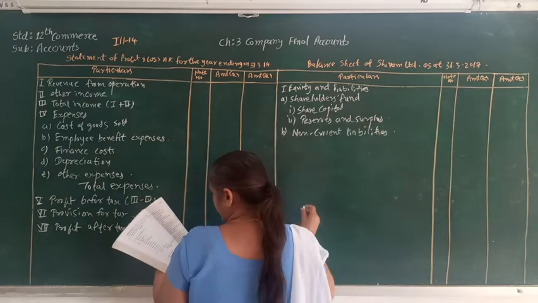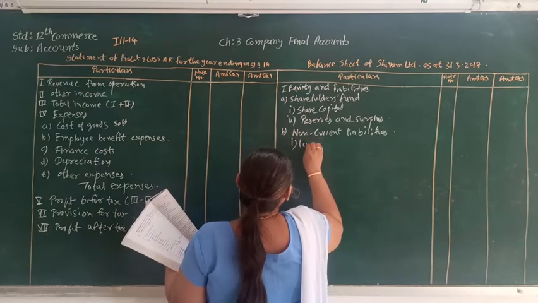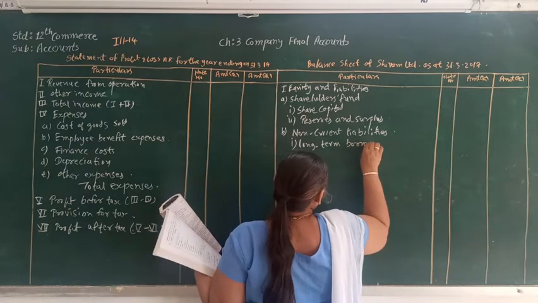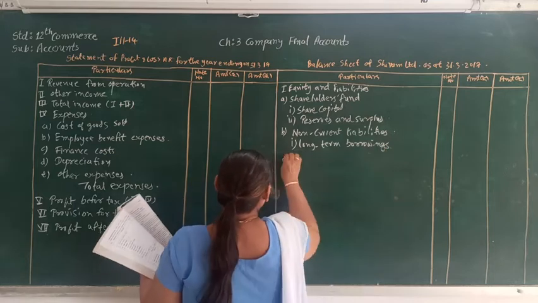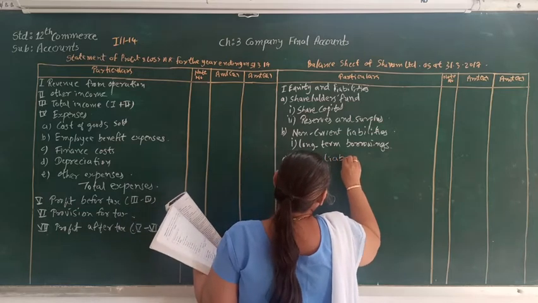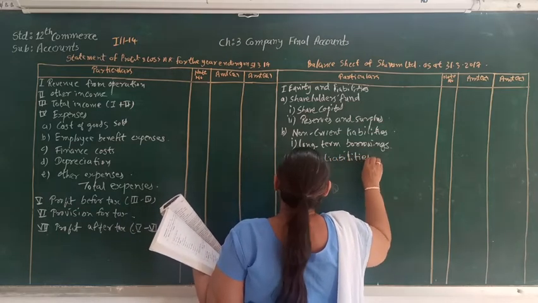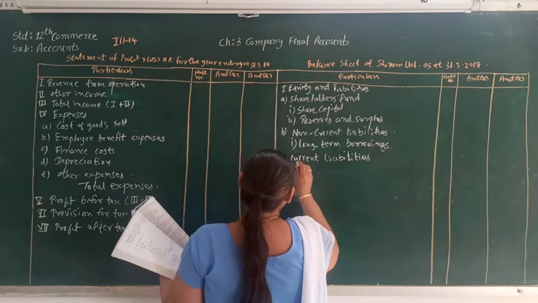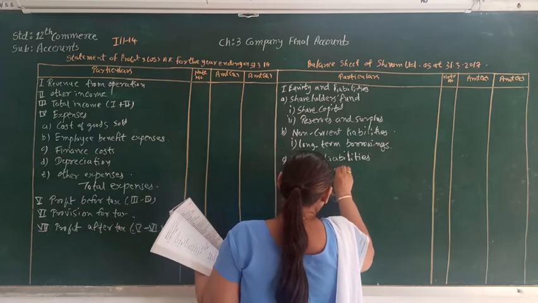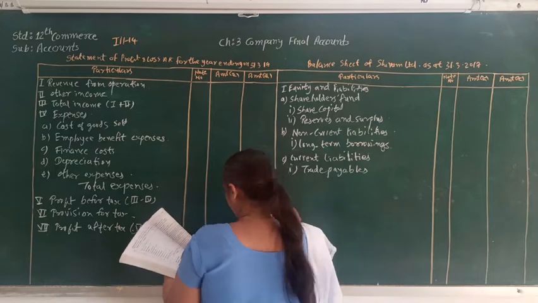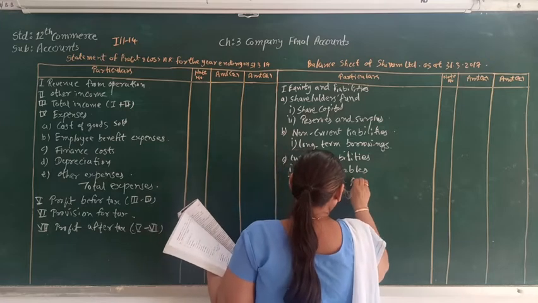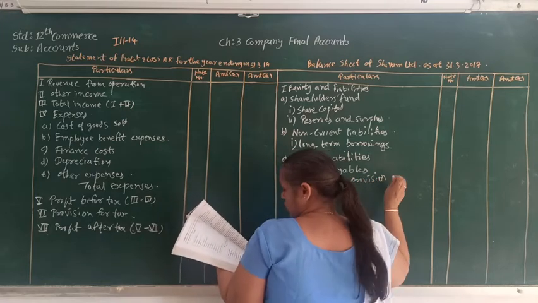In that, the very first heading is long-term borrowing. The third one is current liability. In the current liability, the first heading is trade payable, and the second one is short-term provision. So this is the total.